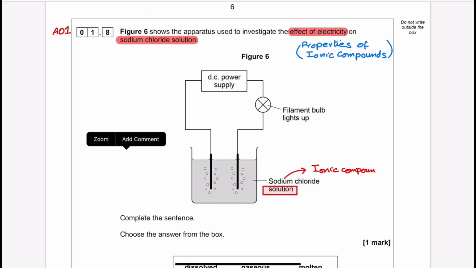Question number 1.8, it is an AO1 question. Figure number 6 shows the apparatus used to investigate the effect of electricity on sodium chloride solution. So sodium chloride is an ionic compound.